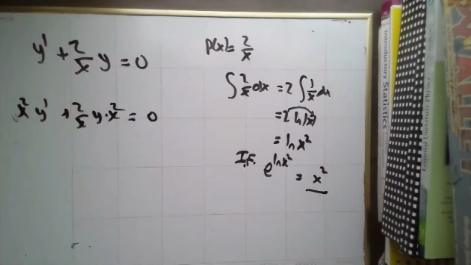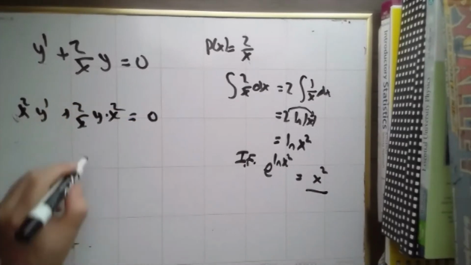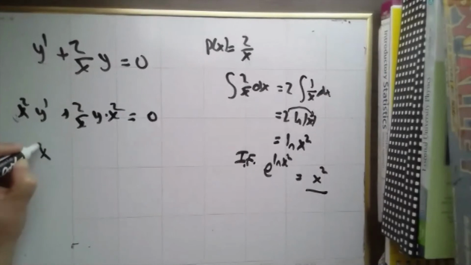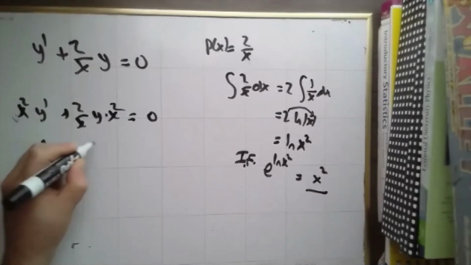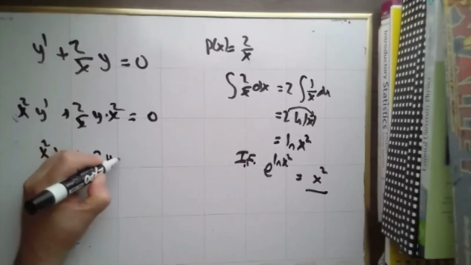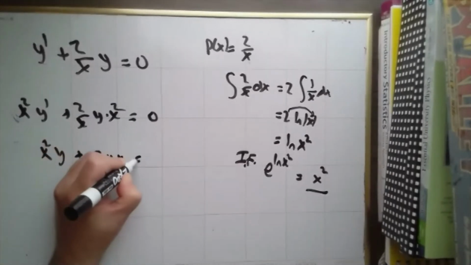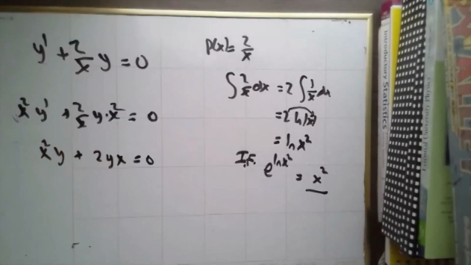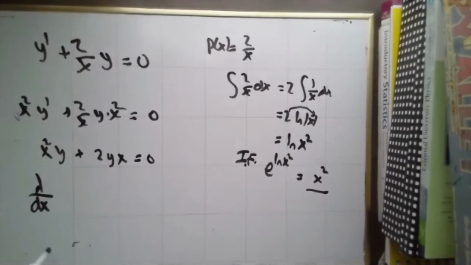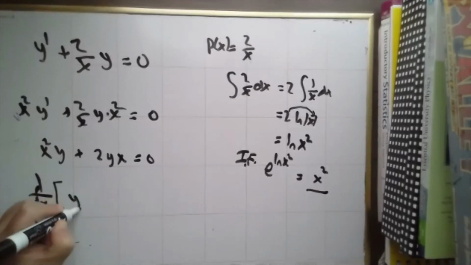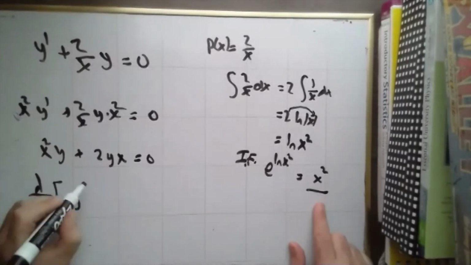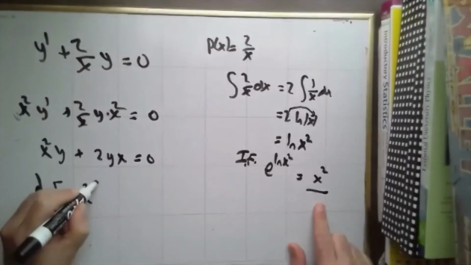0 times x squared, of course, is still 0. So let's clean that up a little bit. Oh, that would be what? 2yx. Then, if we've done our work right, the left-hand side should be the derivative with respect to x of y times this guy, the integrating factor.